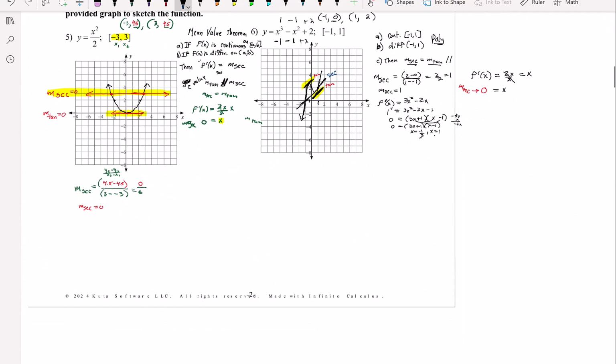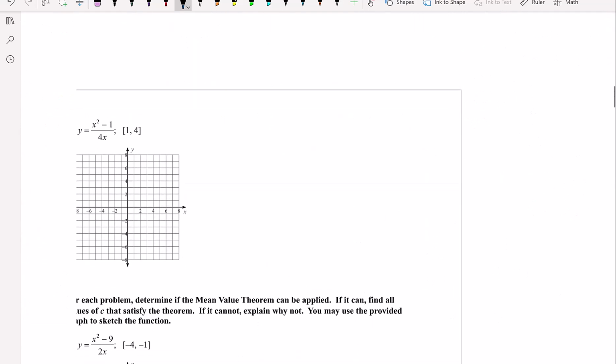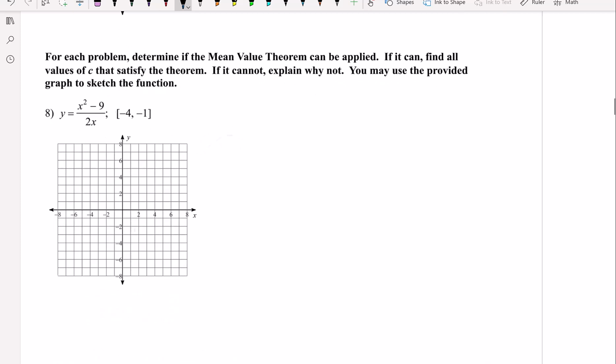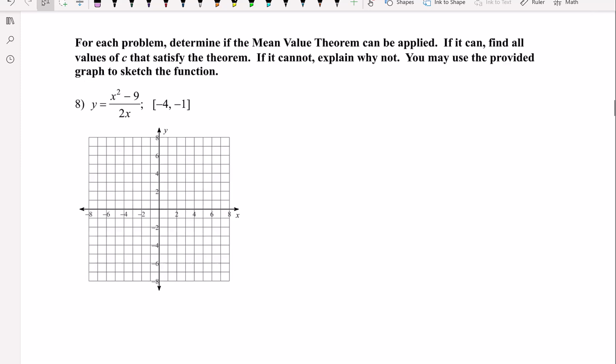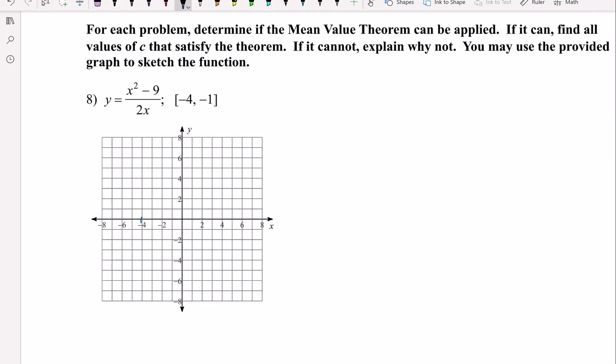All right, let's see if they ask us if it is. Down here, determine if it exists between negative 4 and negative 1.